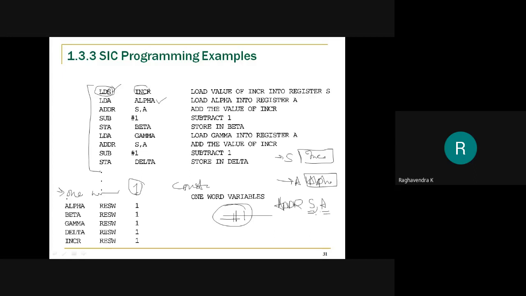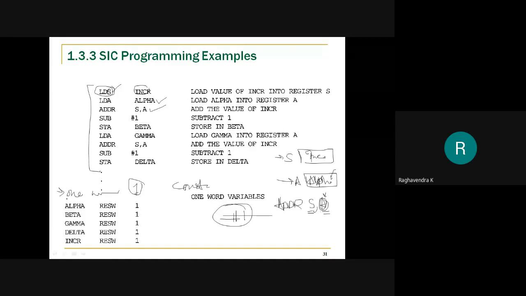It will add the contents of these registers, and the result is going to be stored in A. This is the destination for the result. For example, if alpha was 10 and increment was 1, then 10 plus 1, so 11 is now stored after the execution of this instruction.